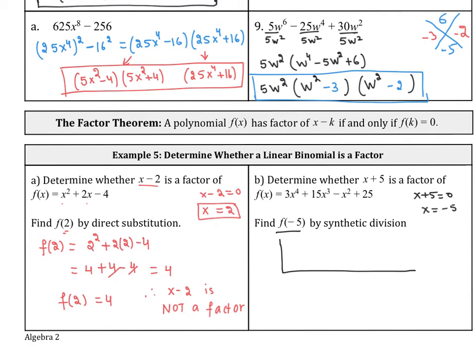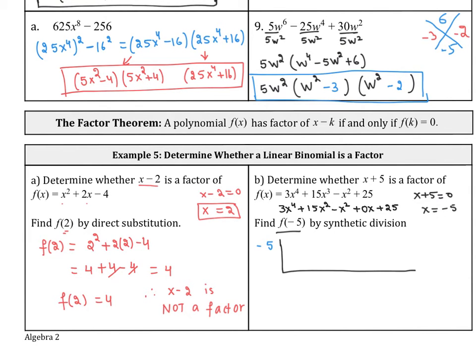Make an L, and here goes the number -5, and these places will be the coefficients of the polynomial. So we're going to have to complete the polynomial first by inserting 0 for the missing term. So we're going to have to add 0x because the x term is missing.